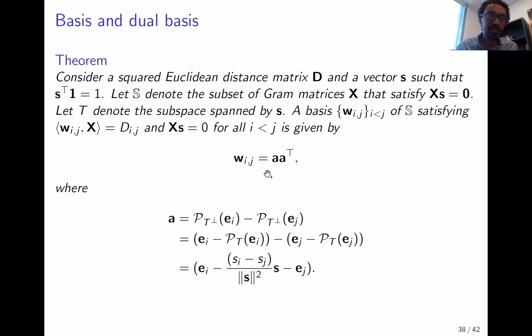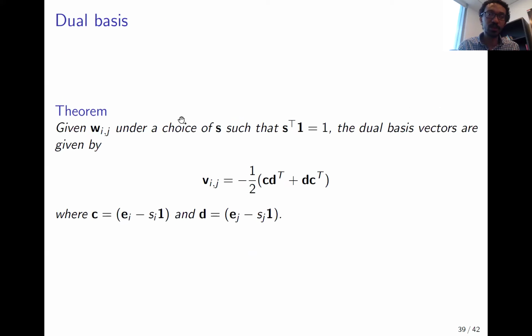The W alphas have this form where A is given here. In the constant case, this boils down to the standard W alpha that we developed earlier. Much like the W alphas, we are also interested in the dual bases, and we can characterize them too. We still have that nice dyadic form even when the points are not centered at the origin.